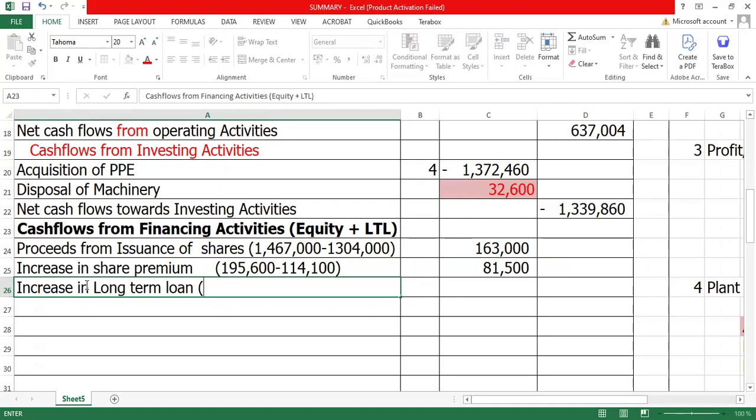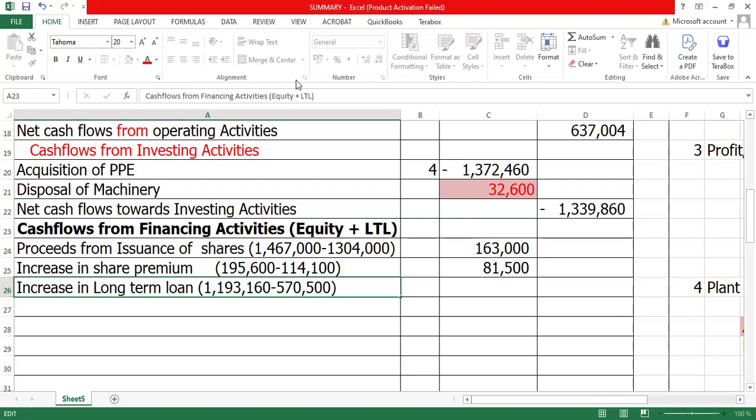It was 119,3160 minus 570,500. The difference is how much?